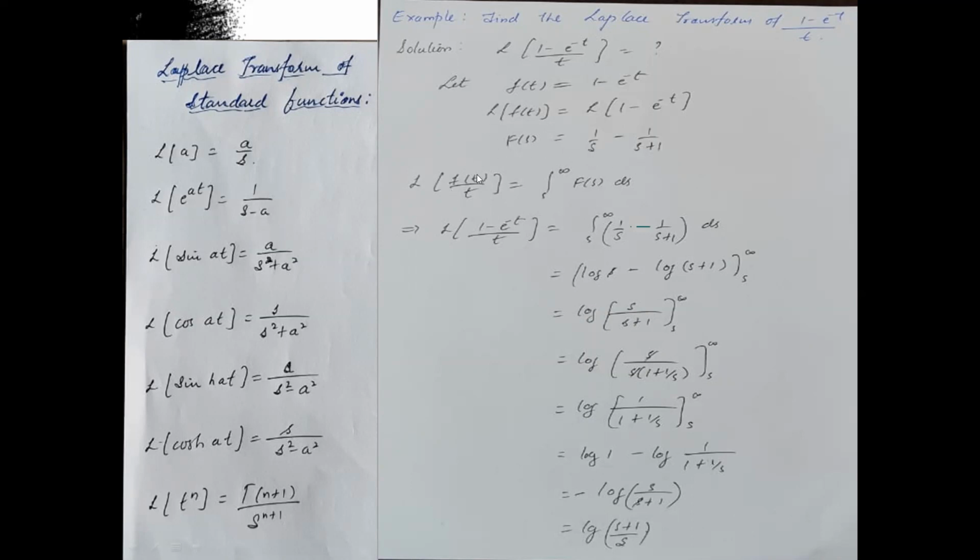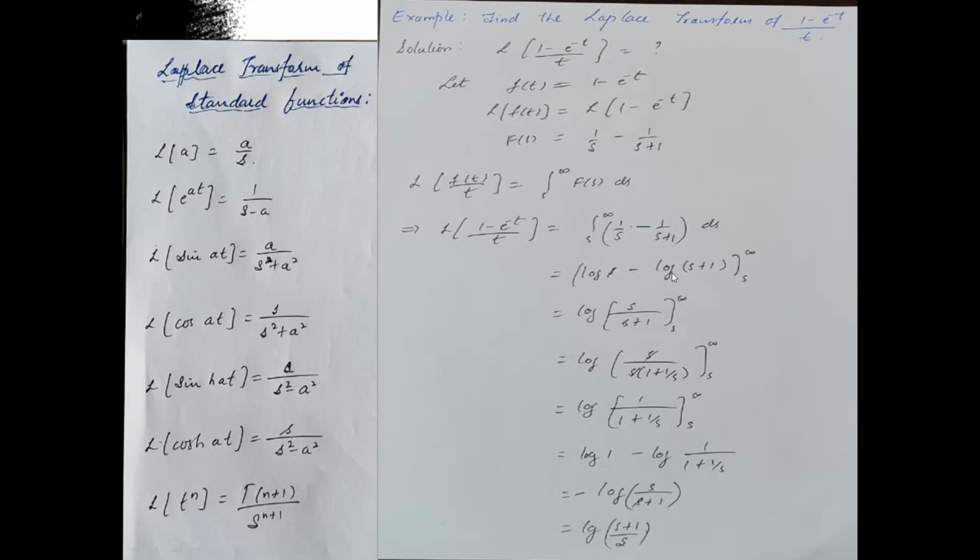Now the Laplace transform of a function divided by t will be obtained by taking the integral of f of s between the limits s to infinity. So let us evaluate the integral of this f of s within the limits s to infinity. Integration of 1 by s is log s. Integration of 1 upon s plus 1 is log of s plus 1. Limits are s to infinity.